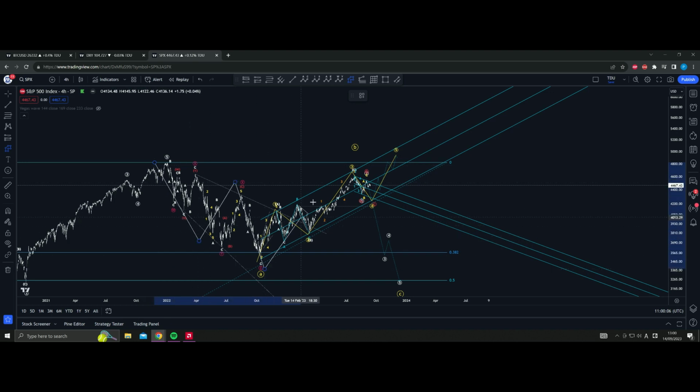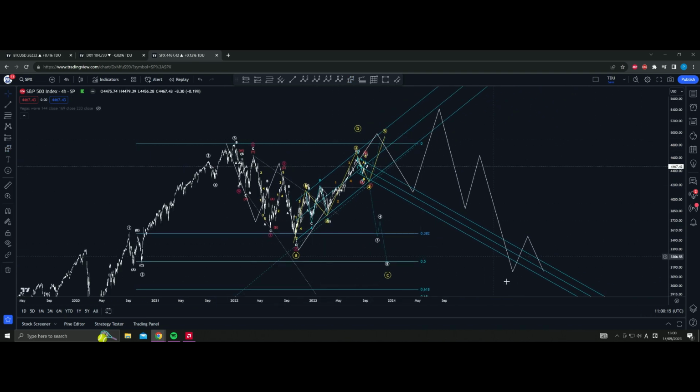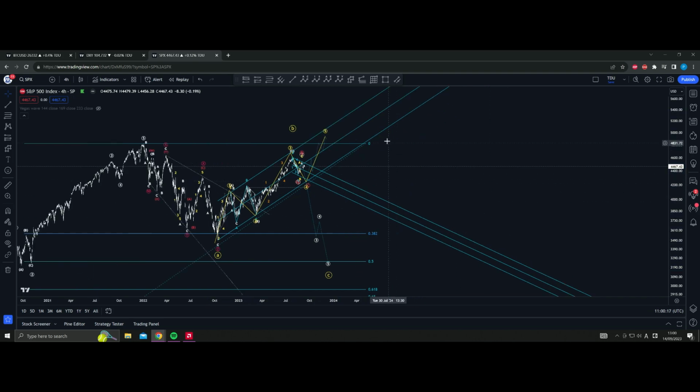So corrective, A, B, C, corrective, impulsive, which is another form of a flat 3, 3, 5, just a little bit delayed.